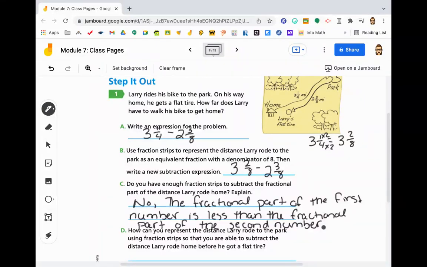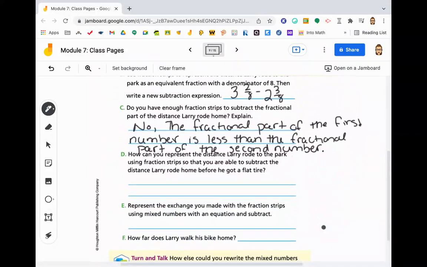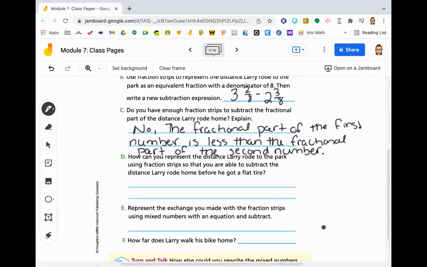So how can you represent the distance Larry rode to the park using fraction strips so that you are able to subtract the distance Larry rode home before he got a flat tire? Well, you could exchange a whole for 8 fraction strips because 8 eighths equals 1 whole.